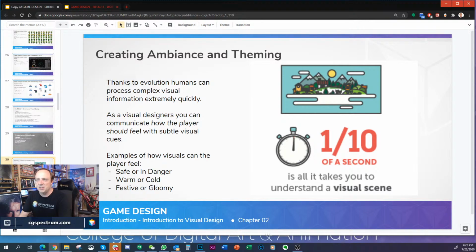To me, this is one of the places you start. You need to know: is this a rainy world? Is it a foggy world? Is it a sunny world? Is it dark and light? These nuances on the ambiance and theming of your level can be really important for you to understand and get right very, very early in your production process.